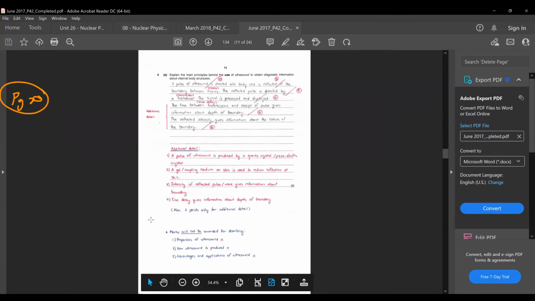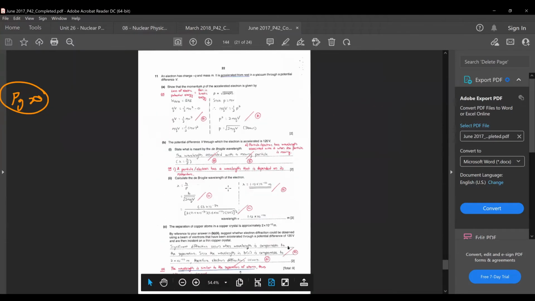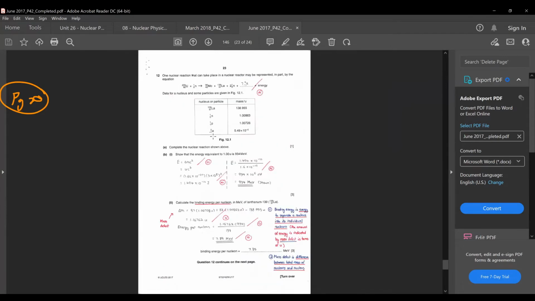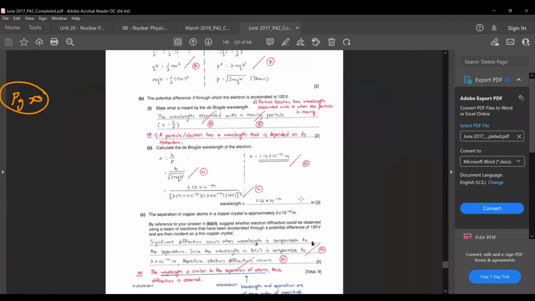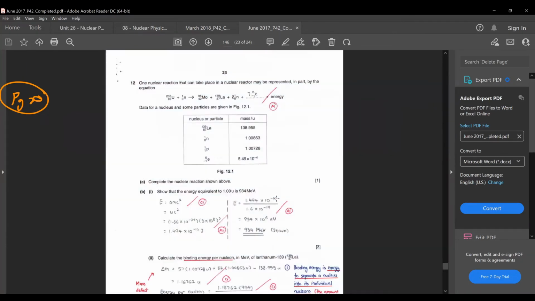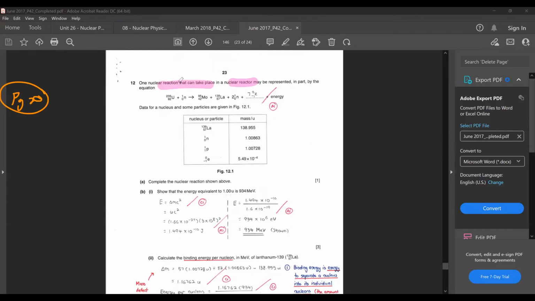Nuclear physics question is almost always the last question you will do in your paper 4. It's either question number 10, 11, or 12. Okay, all right, so look at the question. They tell you that one nuclear reaction that can take place in a nuclear reactor can be represented by this equation.